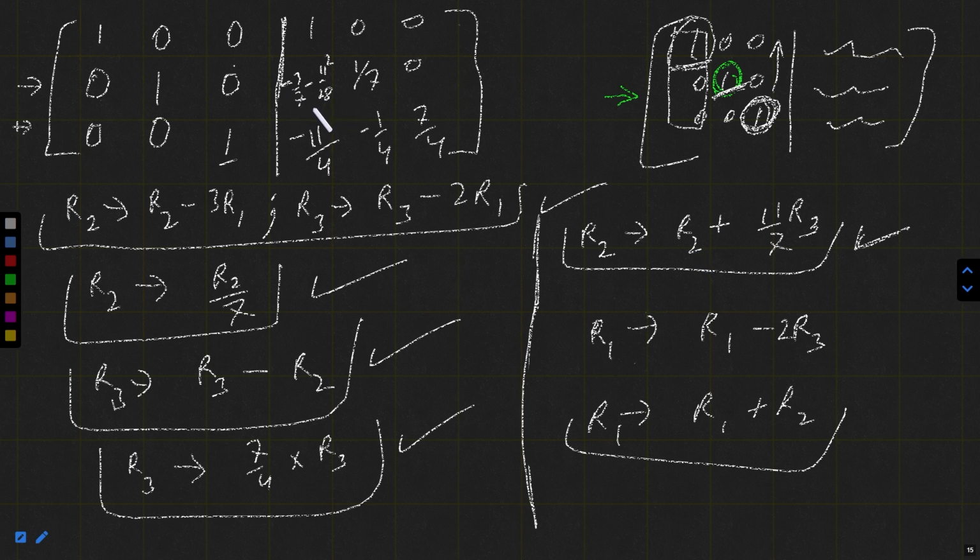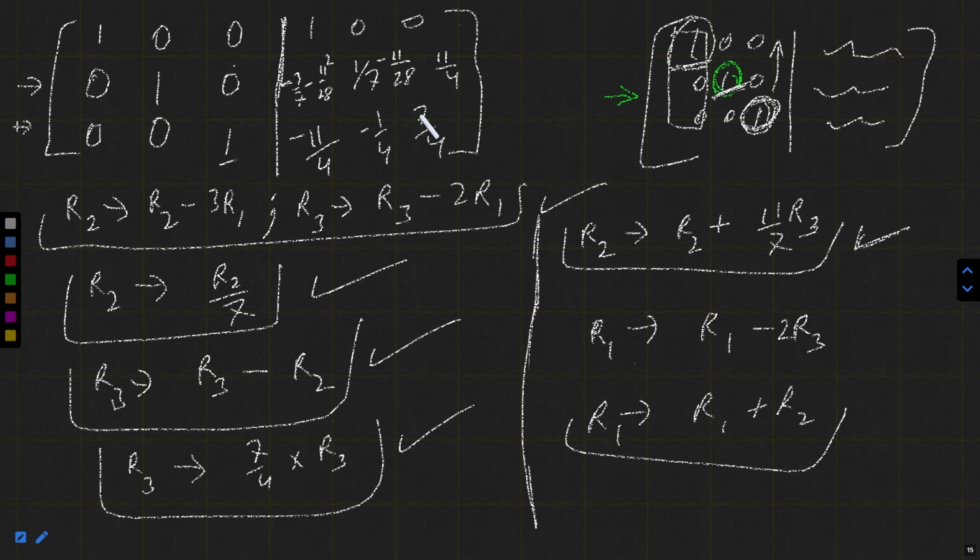Now what? Quite simple. It will be now for this entry it will be 1 by 7 plus, this means minus of 11 by 28. Yes, as you can see, R3 multiply with this thing. Okay, now here we have a 0. So this means 0 plus 11 multiply 7 divided by 7 by 4.